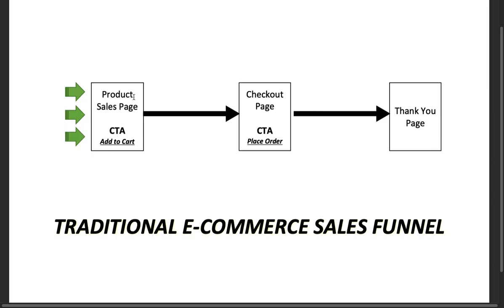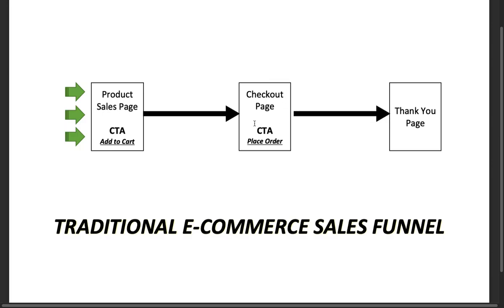Then once a customer is able to add to cart, in most cases the product sales page would have forms on that same single page. In other cases, some people set up their funnel with a single product sales page, and if the customer clicks on the fill form button, it takes them to another page, which is either the fill form page or the checkout page.